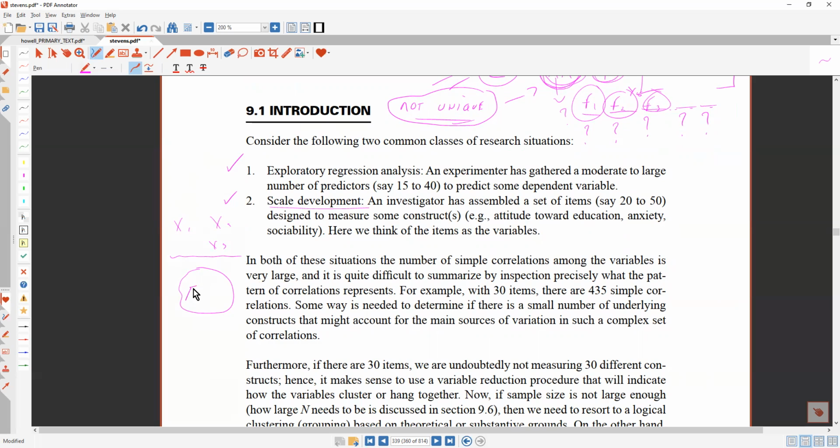There's your factor, and your factor is giving rise to the observed variables. So in scale development, factor analysis fits the theory. You're good in verbal, you're good in analytical, you're good in quantitative. What's giving rise to all these abilities? Maybe it's IQ. That's the original idea behind factor analysis.